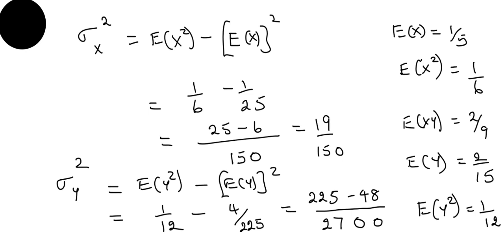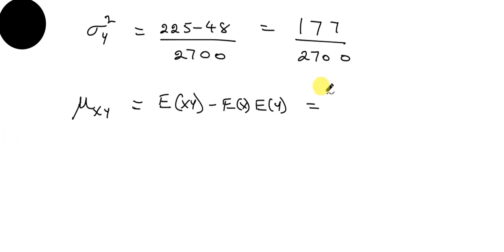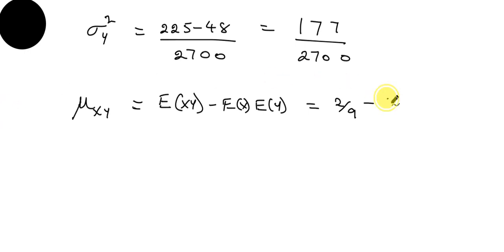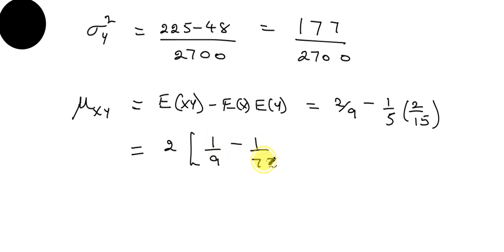What is our E of xy? 2 by 9. So I will have 2 by 9 minus E of x, which is 1 by 5, and this is 2 by 15. So 1 by 5 into 2 divided by 15. In other words, it is 2 into 1 by 9 minus 1 divided by 75.